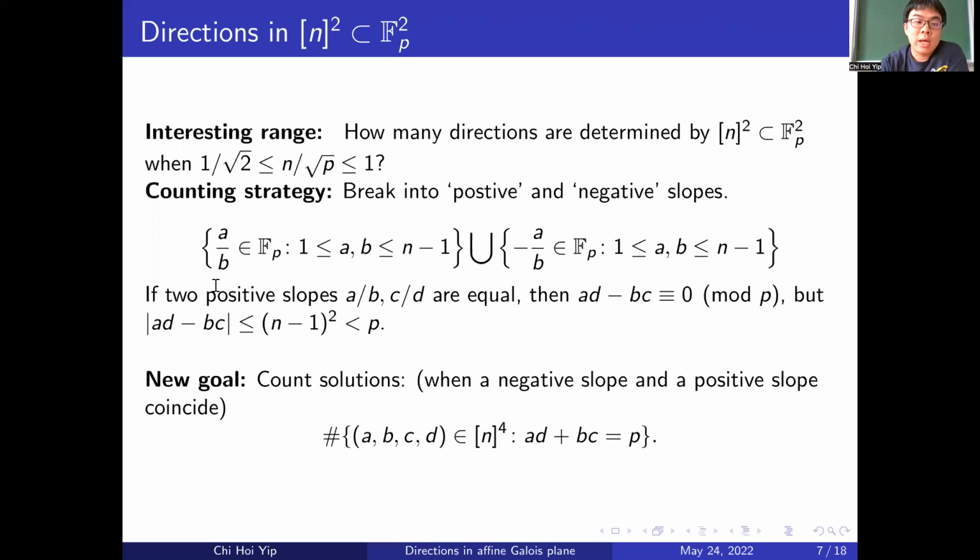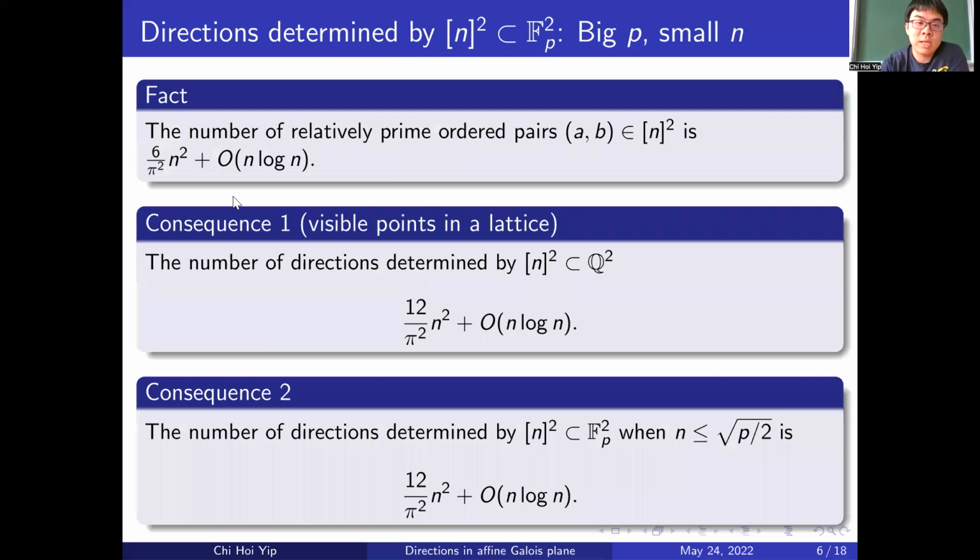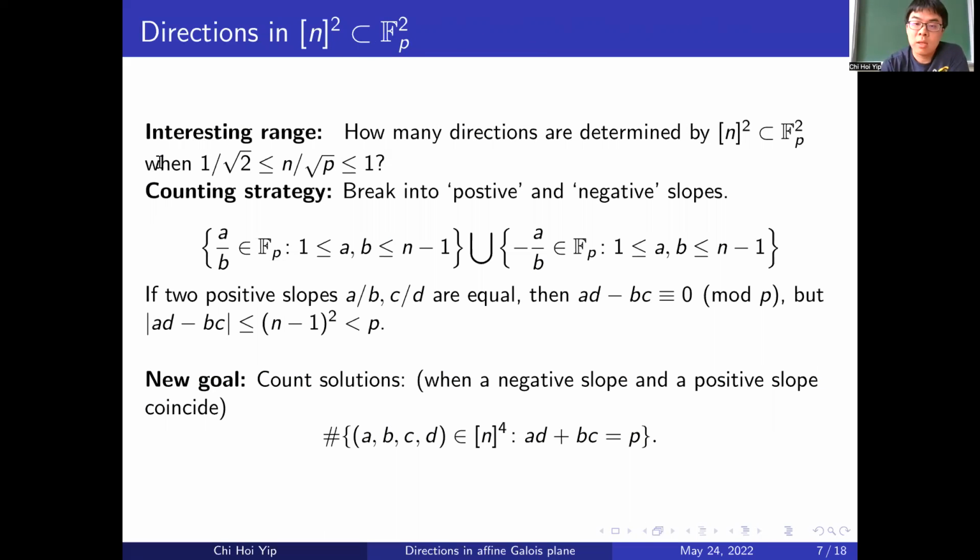You can check that for the set of positive slopes, the number is exactly 6/pi² times n², and also for the negative slopes, it has size exactly 6/pi² times n². But the issue is that a negative slope might actually coincide with a positive slope.